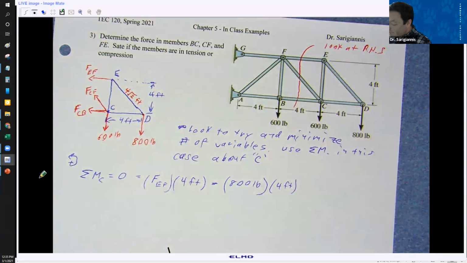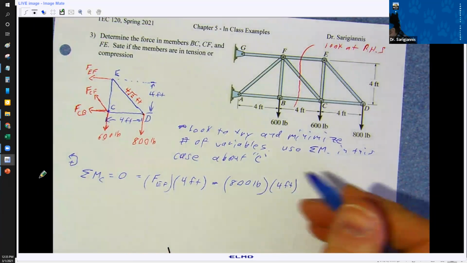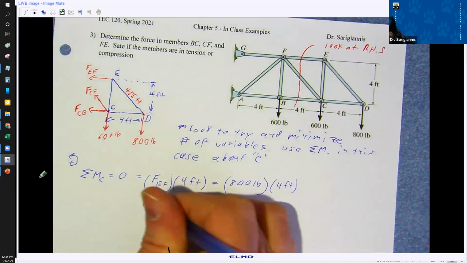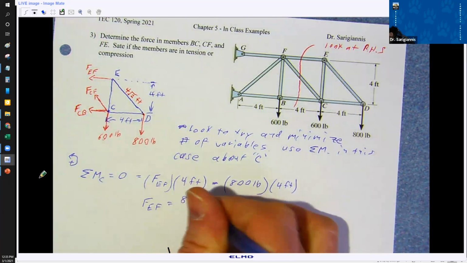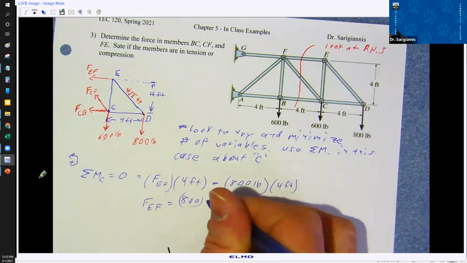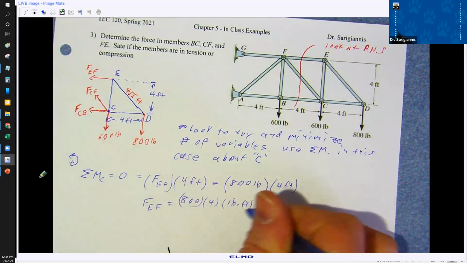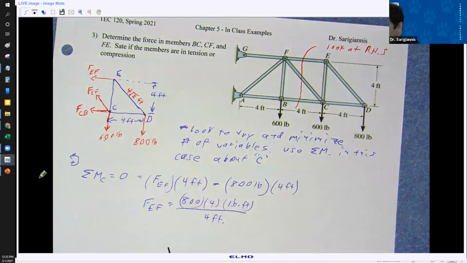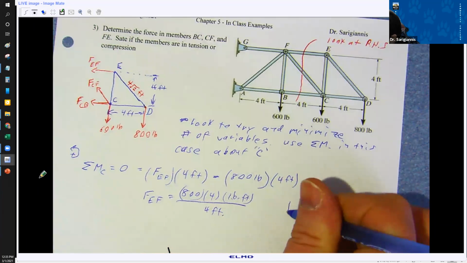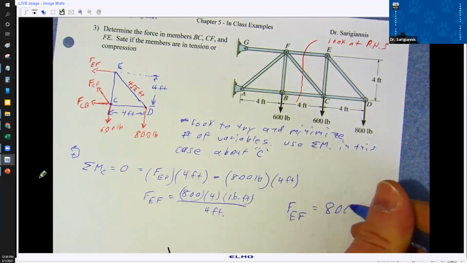So solving this equation, we find that FEF equals 800 pounds times 4 feet. So up here we've got pound foot divided by 4 feet. FEF is equal to 800 pounds.